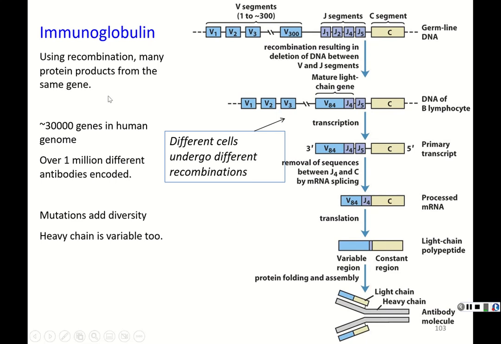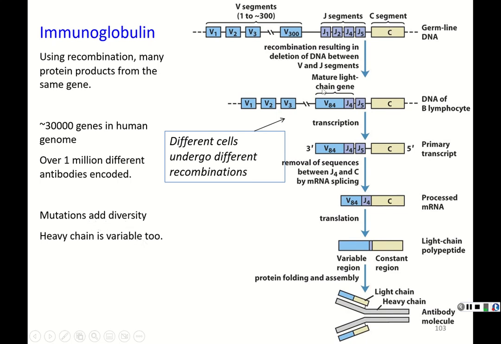So you use this recombination because you can have many different protein products from the same gene. Okay, so there's about 30,000 genes in the human genome, but over 1 million different antibodies can be encoded. Okay, so these really add a lot of diversity.